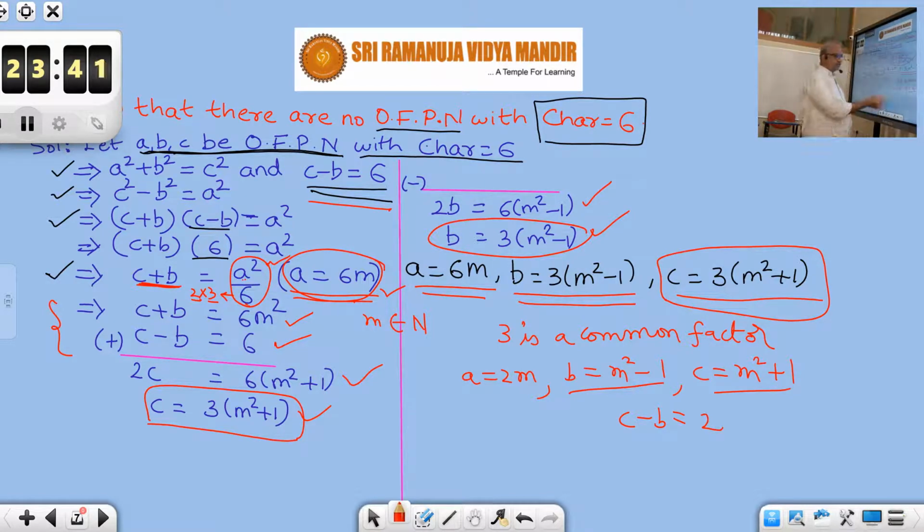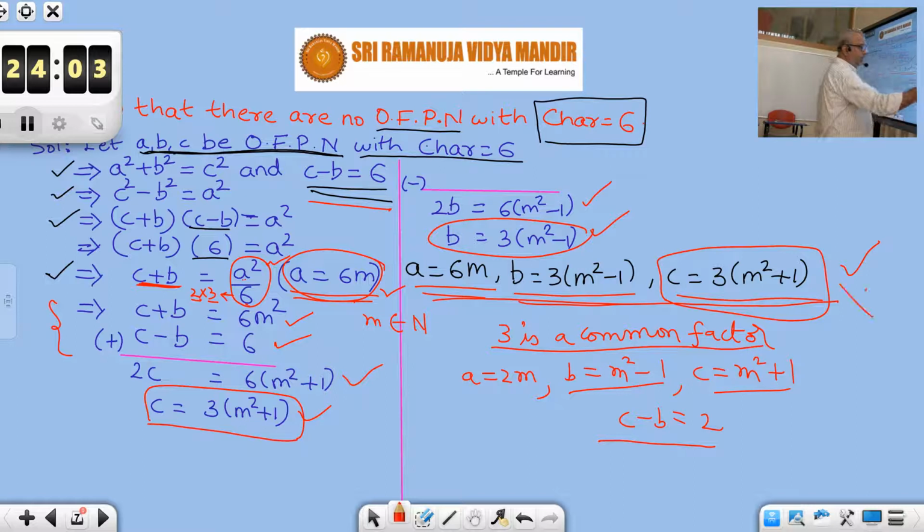So these are the numbers with characteristic 2. What we are doing here is taking the Pythagorean numbers with characteristic 2 and multiplying by 3, so that the characteristic becomes 6. But multiplying by 3 is not allowed, as there should not be any common factor. Therefore, there are no OFPN with characteristic 6.